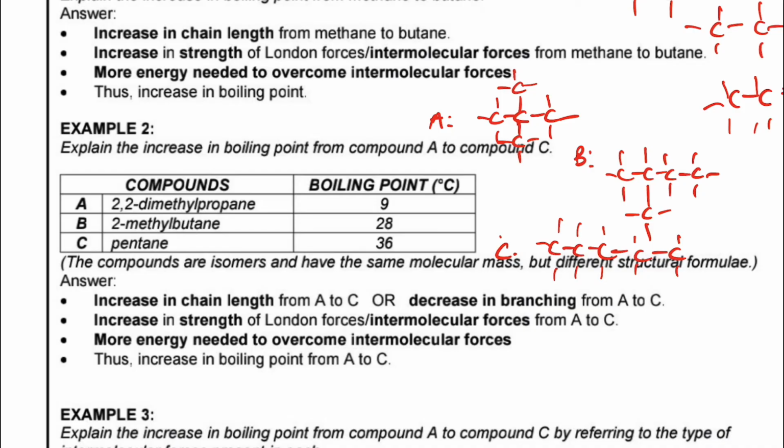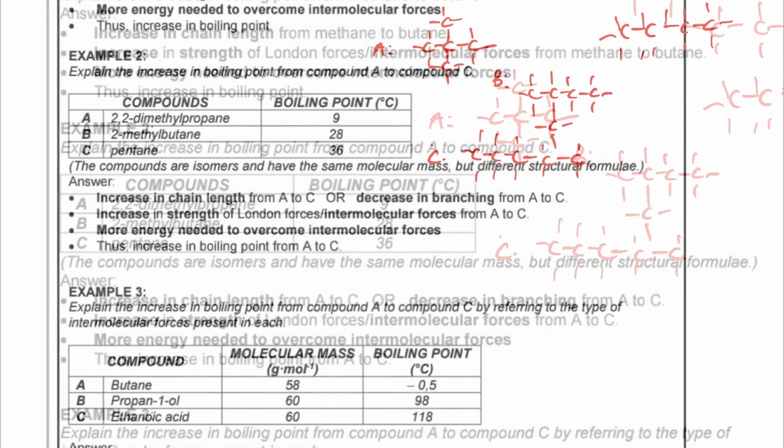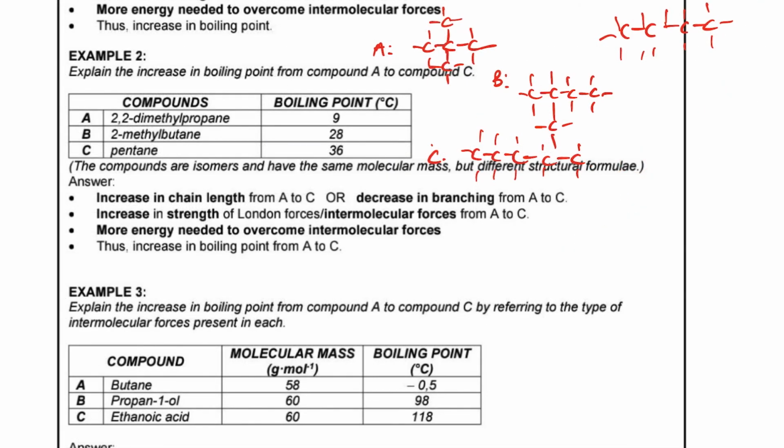Right, so the difference here, they have the same homologous series. What makes these compounds different is the chain length and the branching. So as you move from C to A, it's becoming more branched, and the chain length decreases.